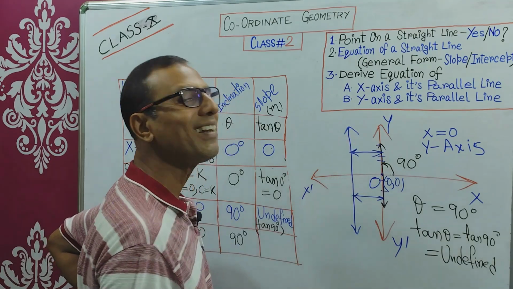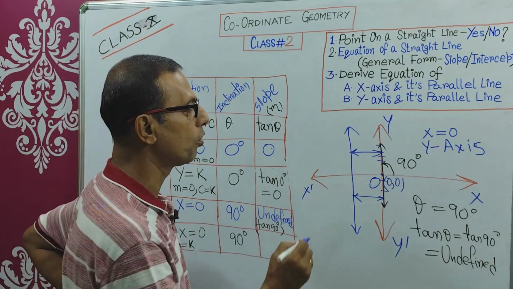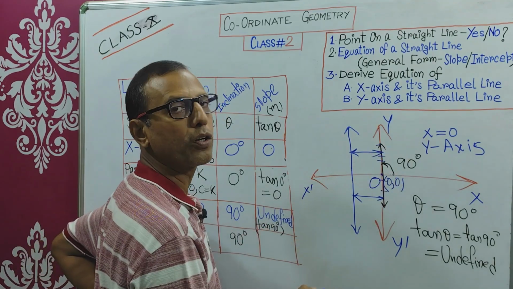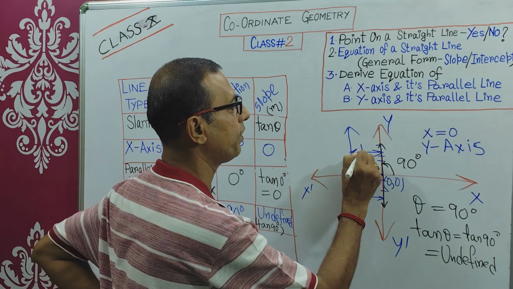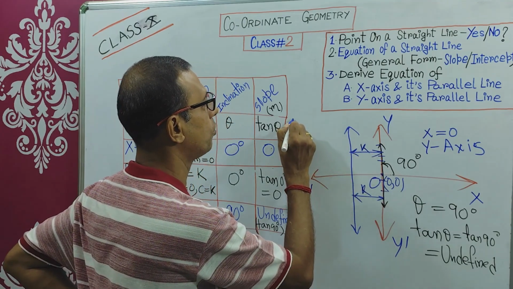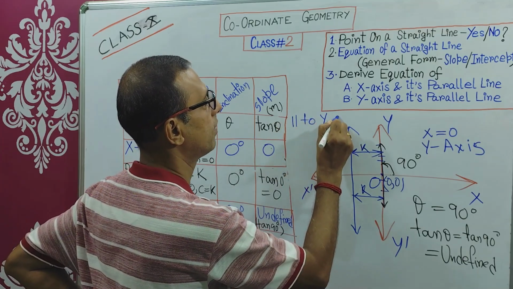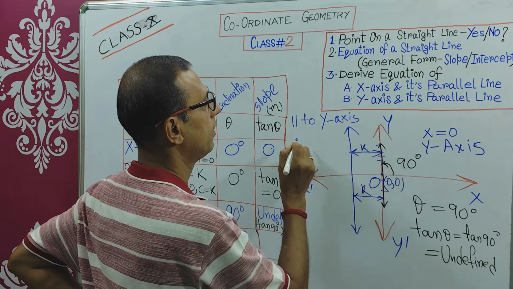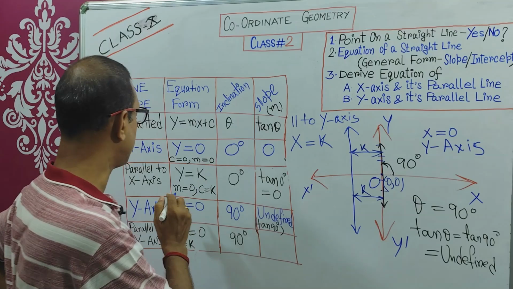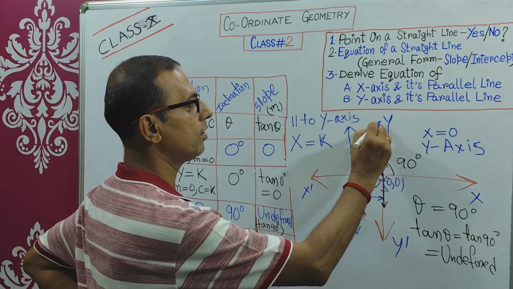Now if it is parallel to the y-axis, in that case also x is always equal, but it is not 0. The value of x everywhere is the same, let's say k. That means parallel to the y-axis, it will be x equals a constant. I am not utilizing the formula y equals mx plus c here.